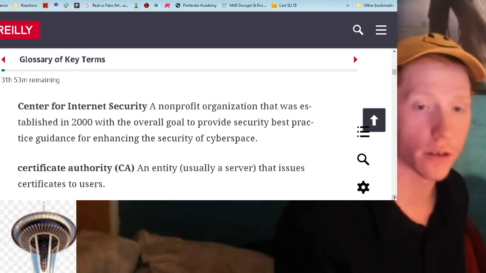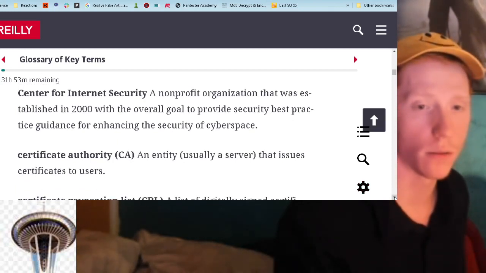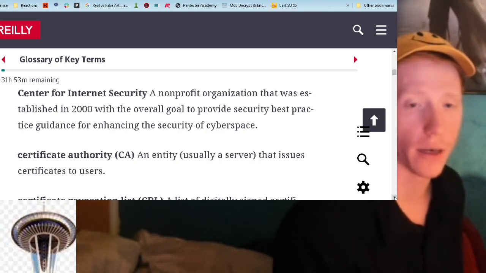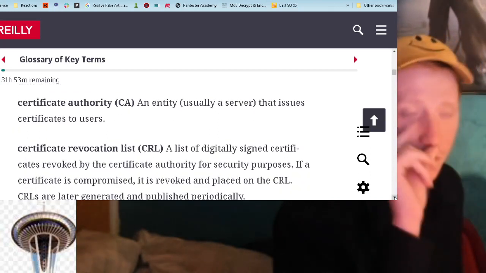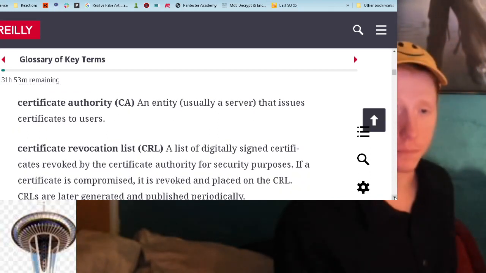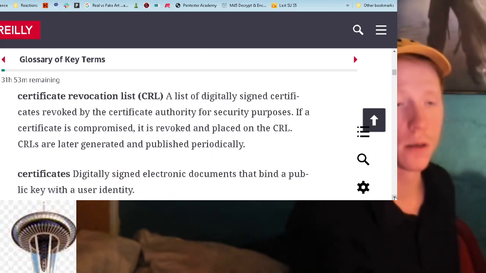Center for Internet Security, a nonprofit organization from 2000 to provide security best practice guidance for enhancing the security of cyberspace. A certificate authority, a server that issues certificates to users.